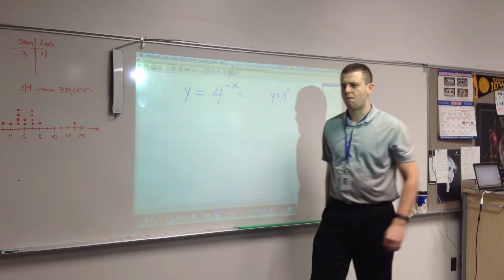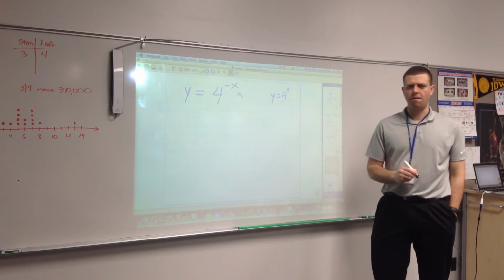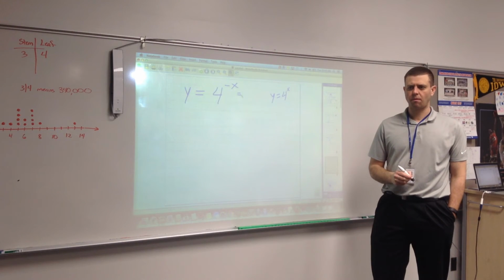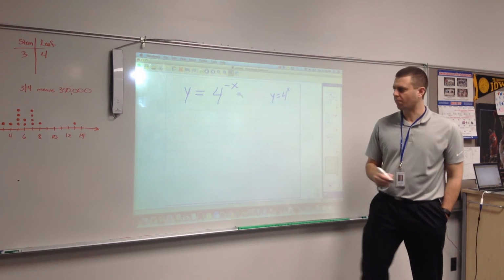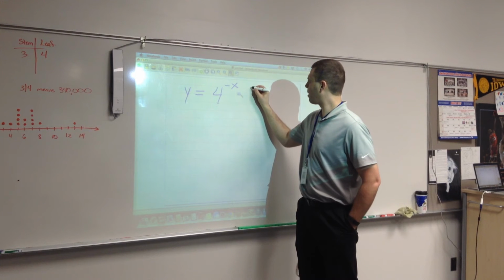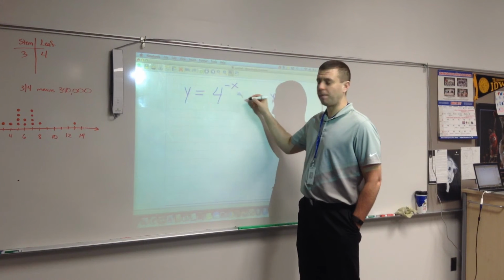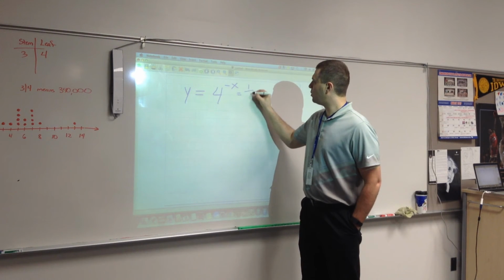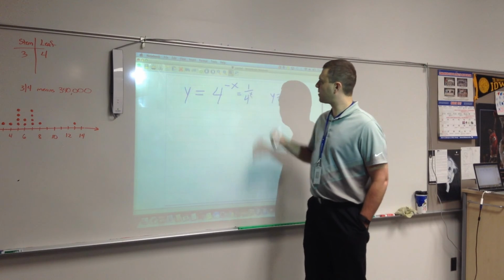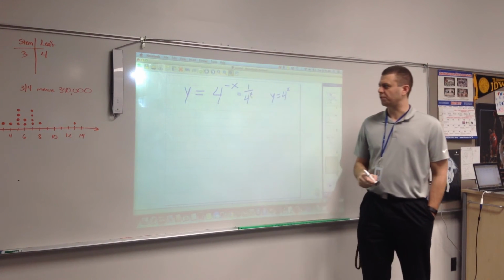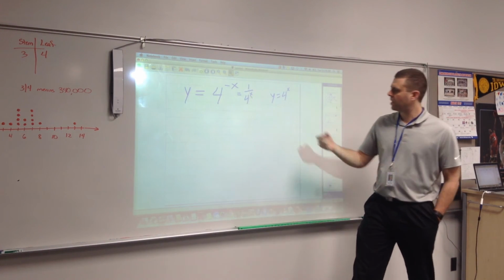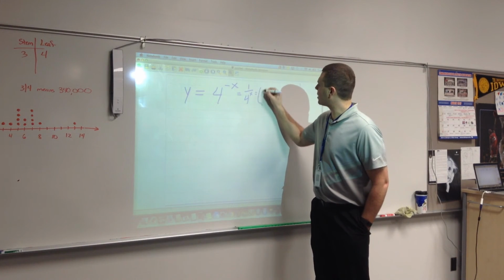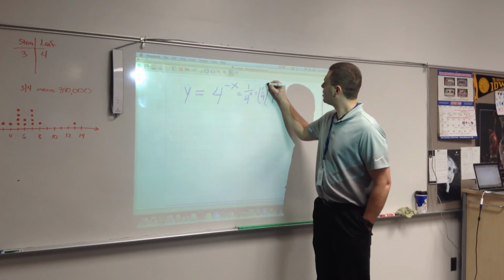What would this equal? Use your exponent rules. 1/4. Mm-hmm. Because a negative power would move that to the bottom, right? So you get 1 over 4 to the x. And isn't that really the same thing as 1/4 to the x power?